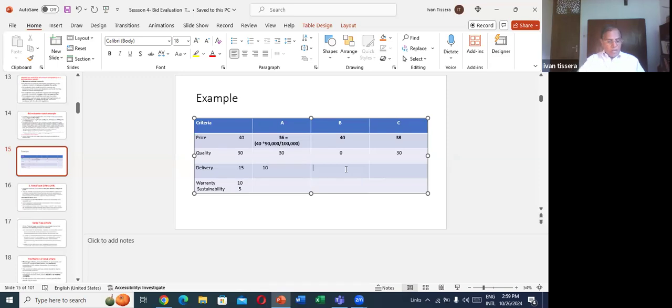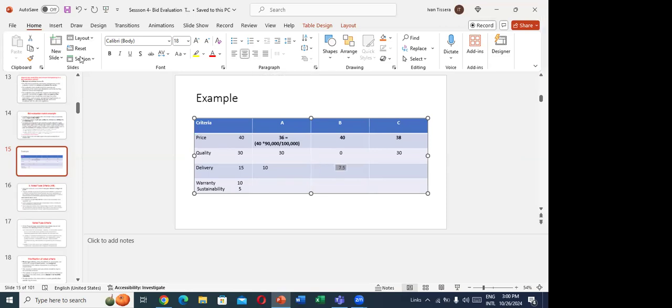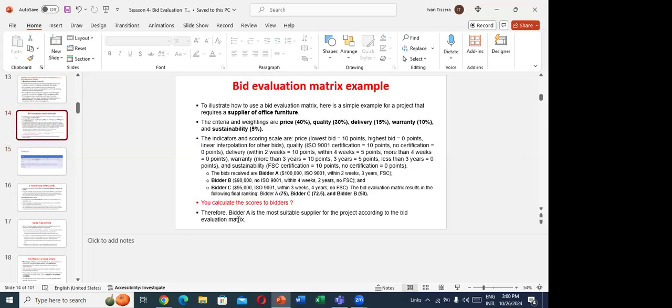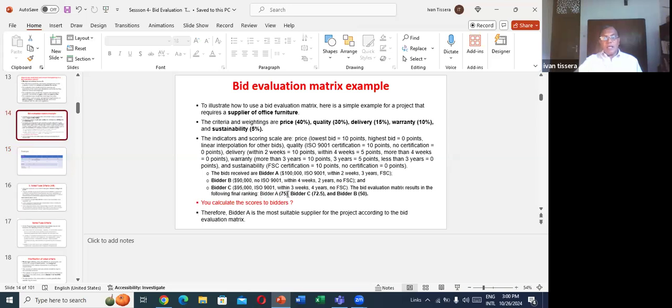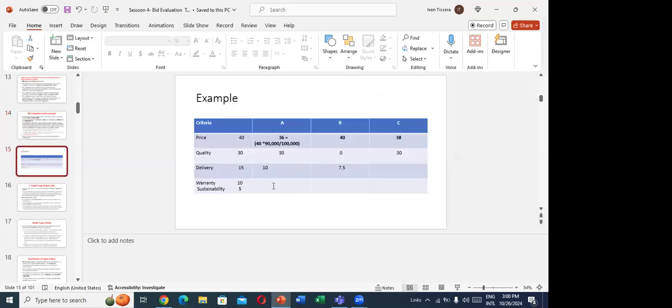B, so calculator බලන්න. 5 marks. C ට. C how much? 5. C බලන්න මොකද දීලා තියෙන්නේ? If no certificate 0 point, ne? The delivery.